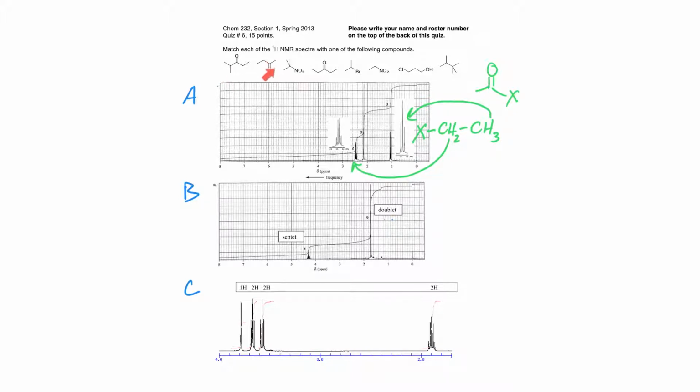There's a methyl next to a ketone right here, and that's really the only one that's going to work. Here we see an ethyl group. We've got evidence for the ethyl group, and we've got evidence that this CH2 is attached to a carbonyl because it is shifted about 1 ppm more than its base shift. So I'm pretty sure that A is this butanone molecule.